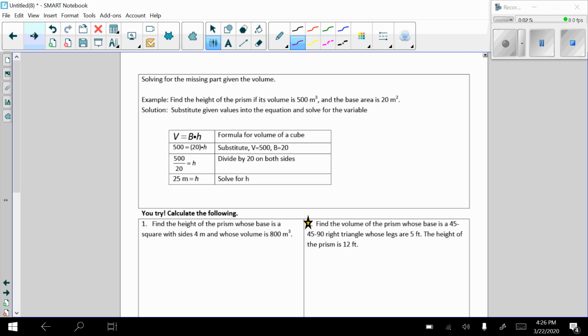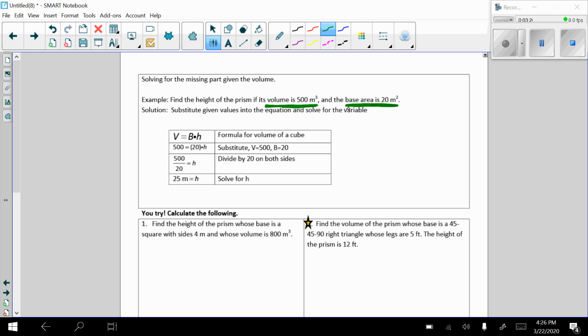We're going to turn the page and look at, we love these reverse solve problems. We're using the very same formula, but on these problems, we're going to give you the volume of the prism and one of the other measurements, so either the area of the base or the height.